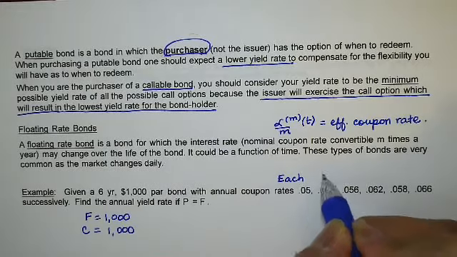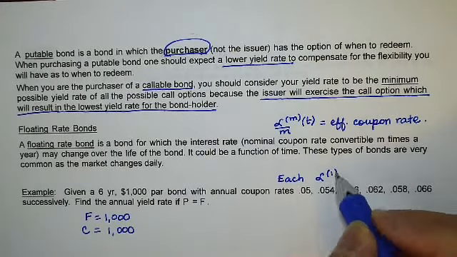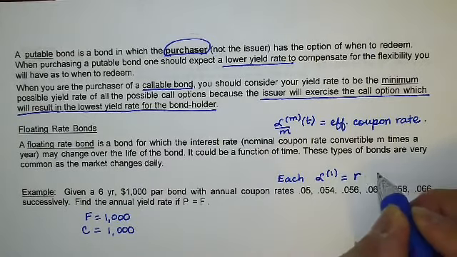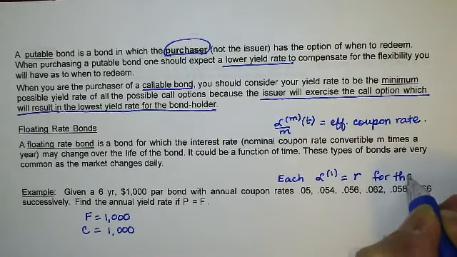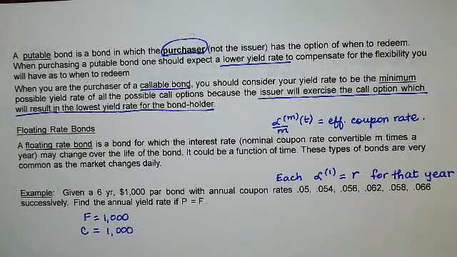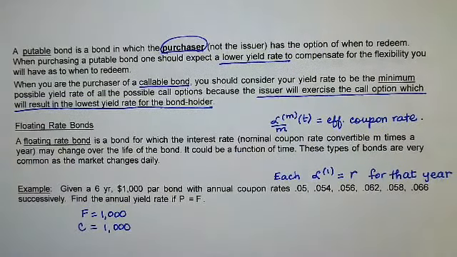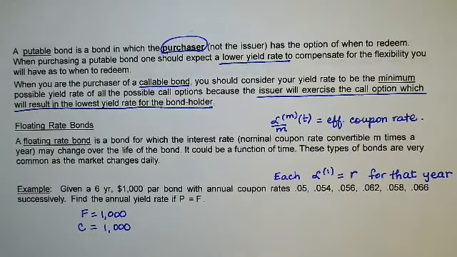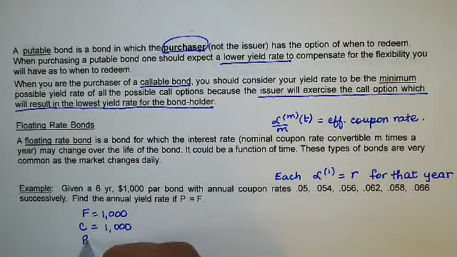So they're giving you each alpha 1, which is equal to R for that year. So R is no longer constant like it used to be. Find the annual yield rate if P is equal to F. So now price is also equal to 1,000.